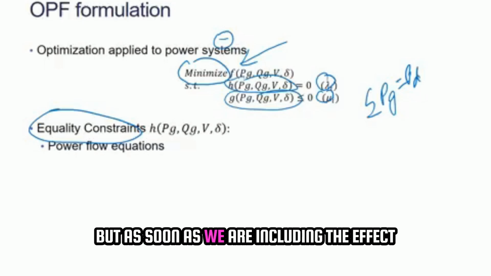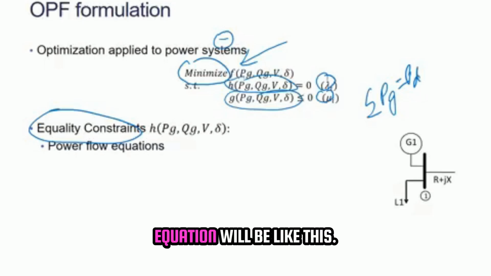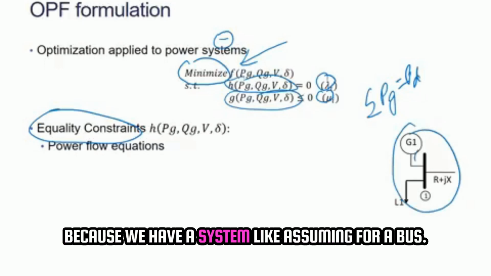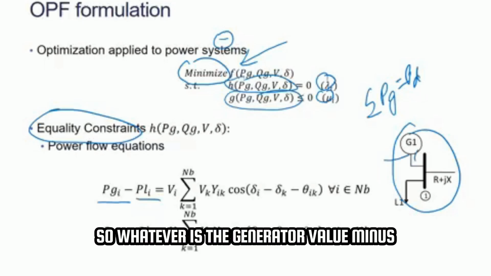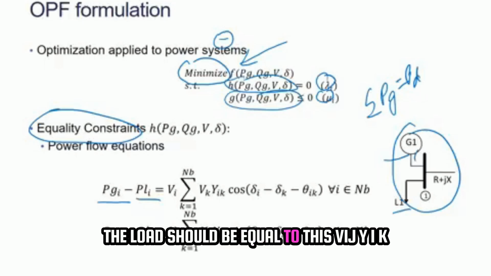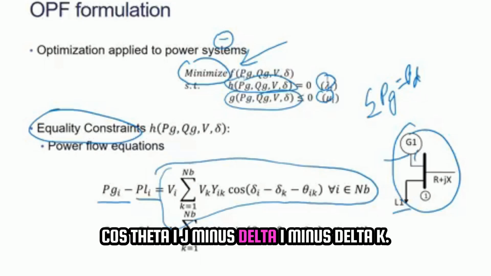But as soon as we include the effect of power flows, the equality equation will be like this, because assuming a bus, you have to write for all buses that PGi minus PLi, whatever is the generator value minus the load, should be equal to sum of Vi Vk Yik cos(theta ik minus delta i minus delta k).